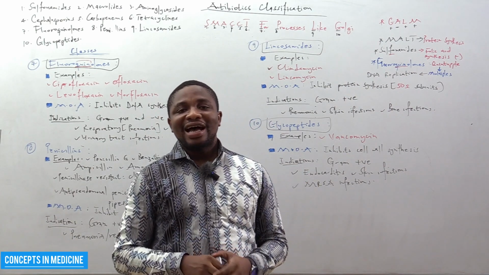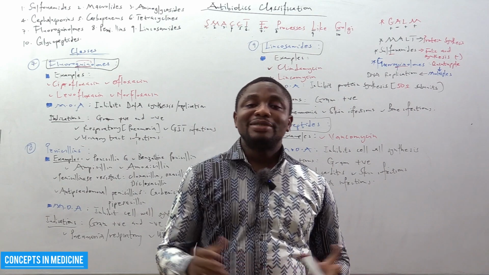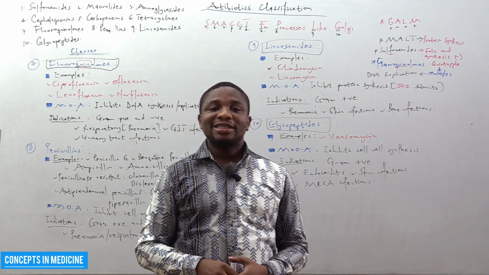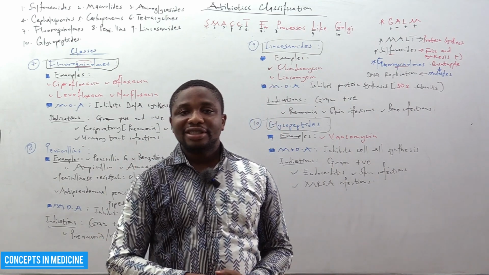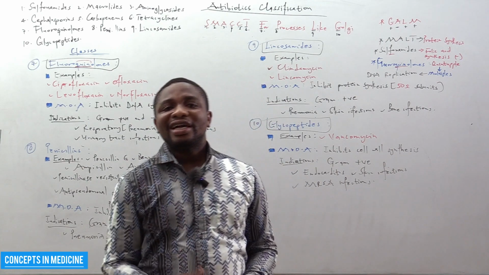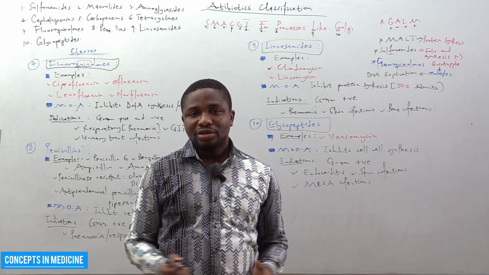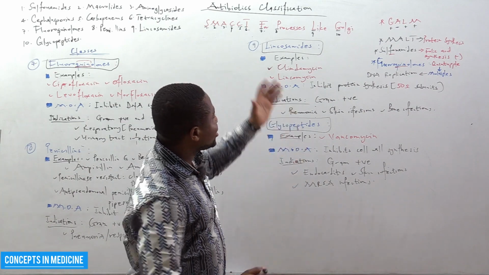So those are the classes of antibiotics, their examples, the mechanism of action, and some of the indications. Then finally, the final trick before we close the topic is this.